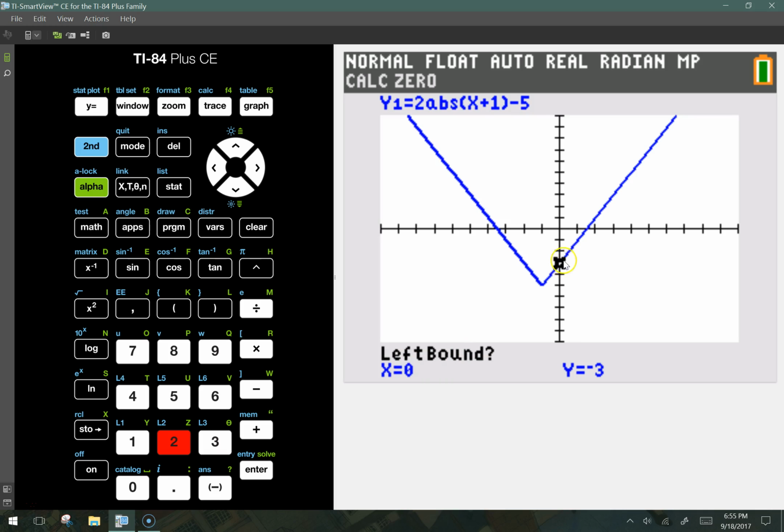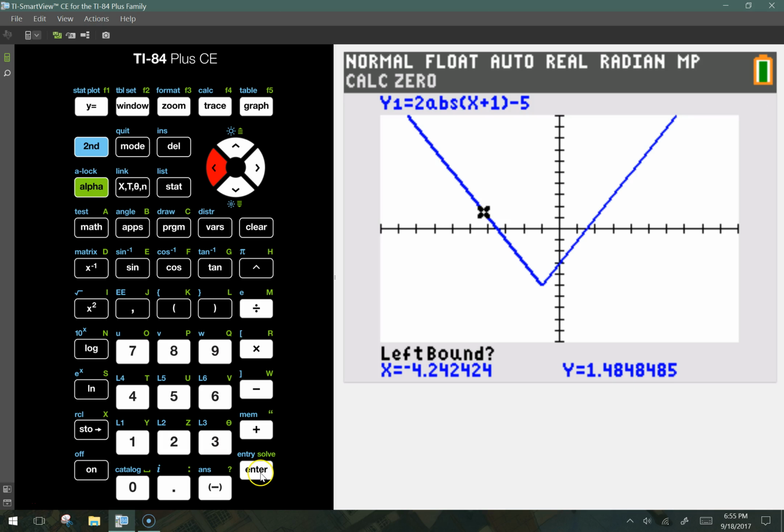So I need to take this cursor and move it over to the left side of the absolute value V so that the cursor is on the left-hand side of this x-intercept. So I'm going to use my cursor to slowly shift over to the left. And once it gets to the left of the x-intercept on the V, I'm going to hit enter.